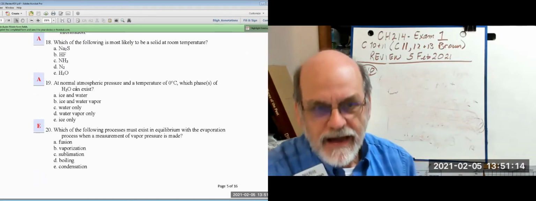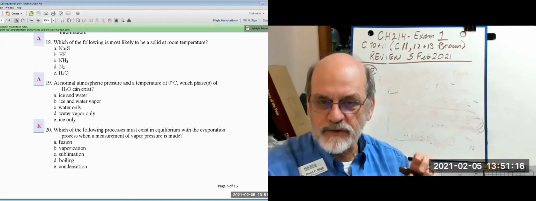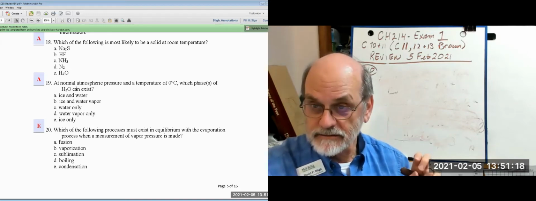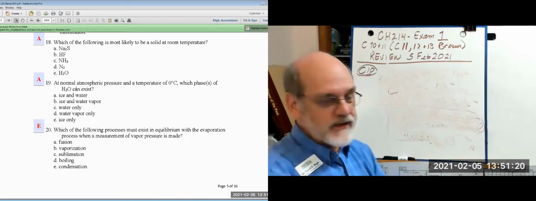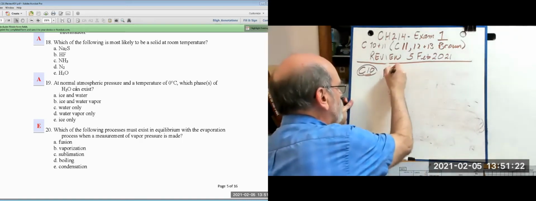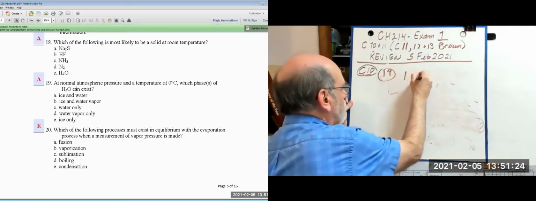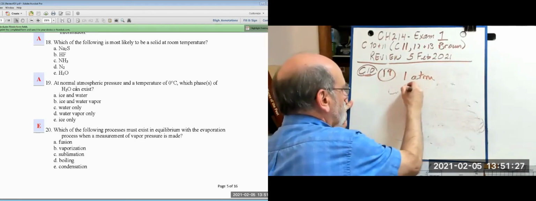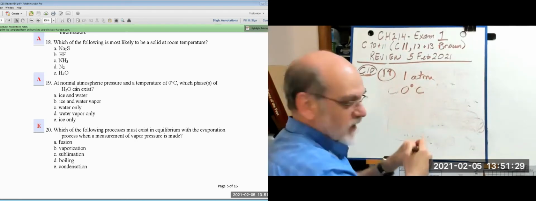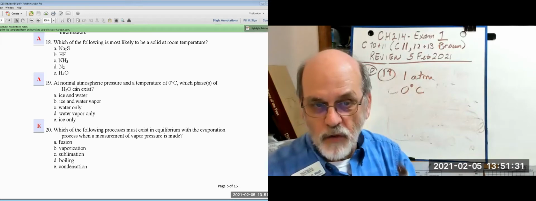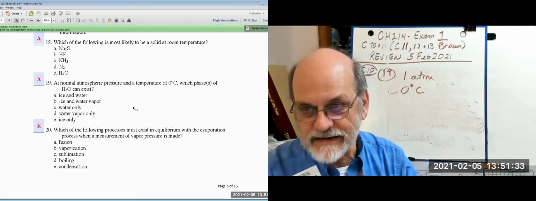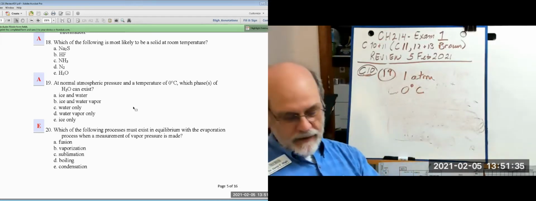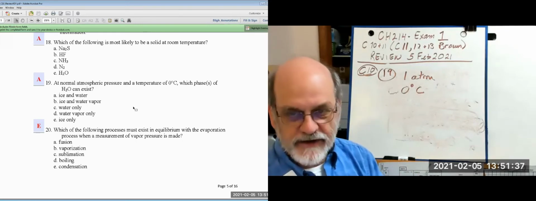19. At normal atmospheric pressure and a temperature of 0 degrees, right? 1 atmosphere and 0 degrees. Those are the conditions. Which phase of water can exist? I know I've said this before, but I'll say it again.